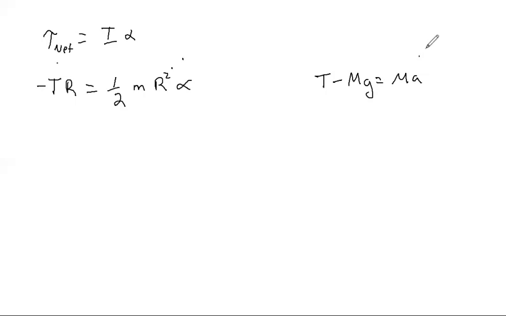So I have 3 unknowns, and I have 2 equations. But as with the kinetic energy condition, the rolling without slipping comes in to save us. No slipping says that R alpha equals the acceleration.